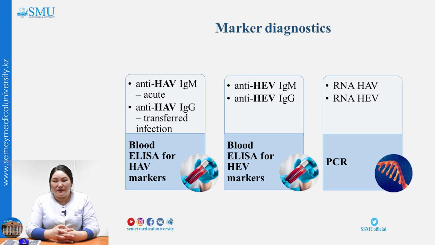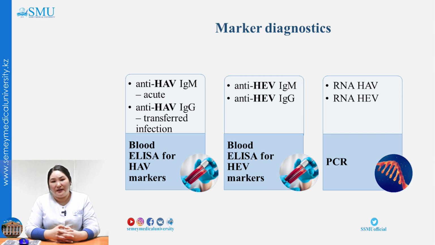Specific laboratory tests to confirm diagnosis are serological tests of the blood, ELISA. By ELISA, we will find specific markers of hepatitis. For A hepatitis, there is anti-HAV IgM, which means acute infection. Anti-HAV IgG means past infection.